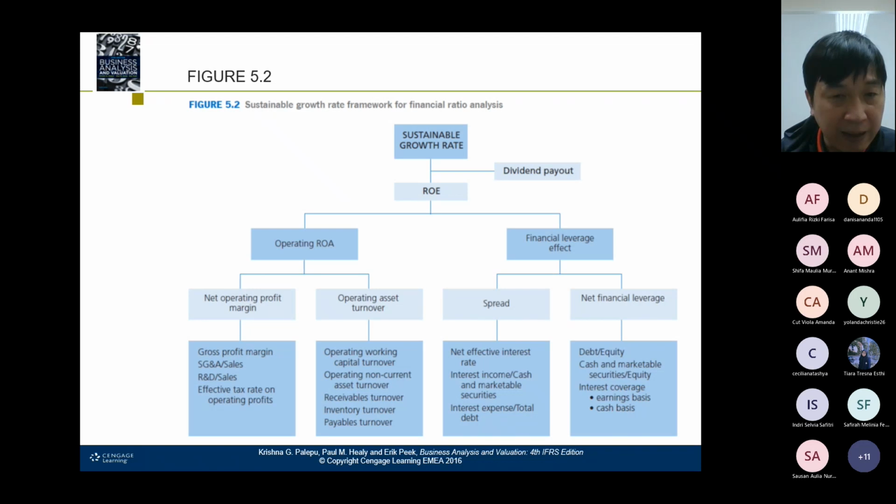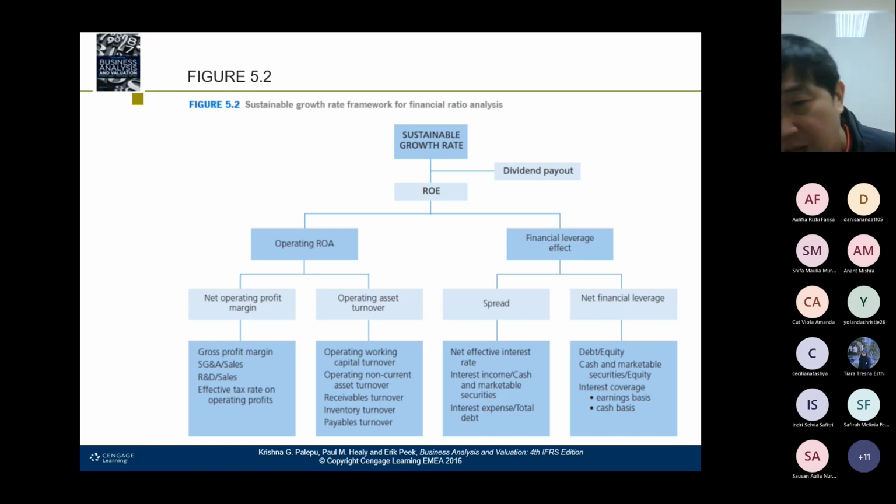Operating ROA can be measured by the net operating profit and operating assets. The financial leverage effect can be measured by the spread and the net financial leverage. Financial leverage includes debt over equity, cash and marketable securities over equity, or the interest coverage, earnings based and cash based. The spread is the net effective interest rate.